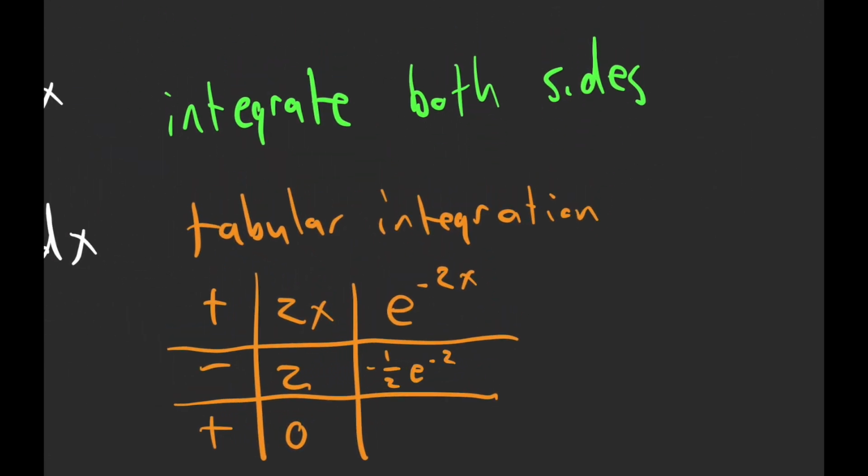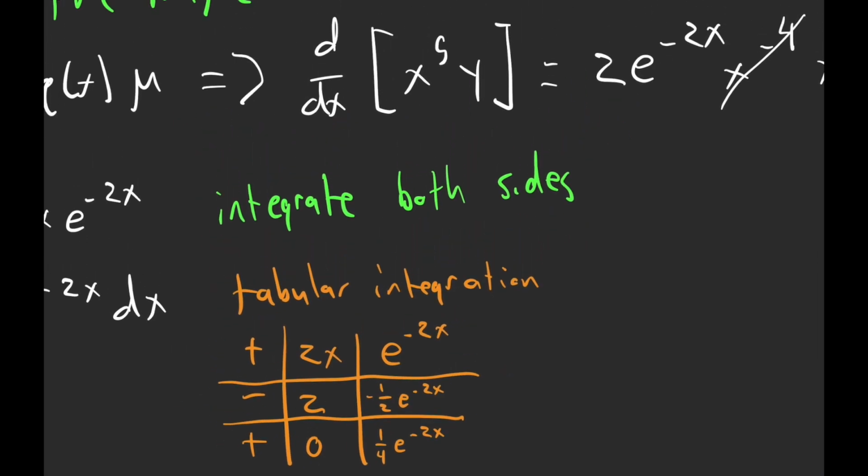On the right hand column, I'm taking integrals or antiderivatives, and on the left hand column, I'm doing derivatives. I chose the polynomial term on the left column and the e to the negative 2x term on the right column. And then you do plus 2x times negative 1/2 e to the negative 2x.